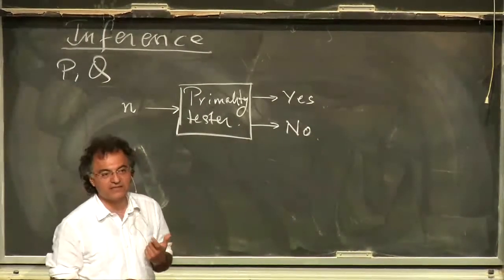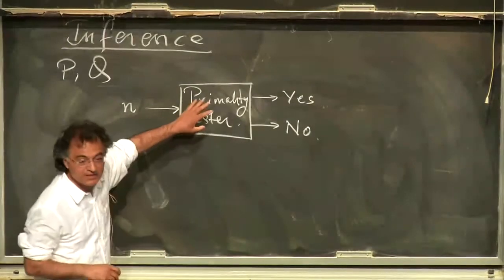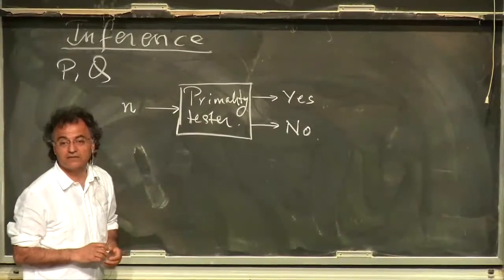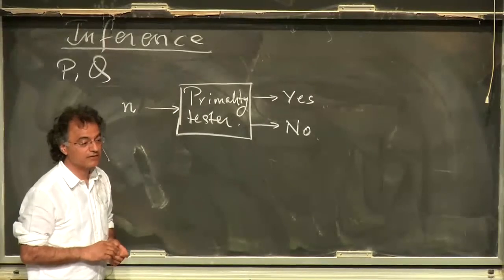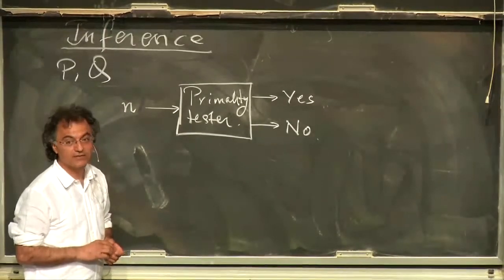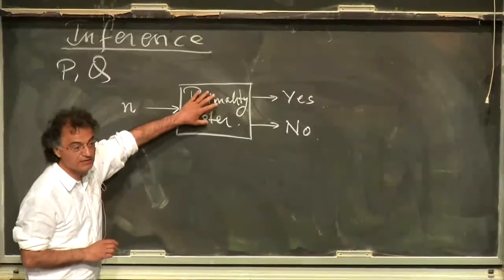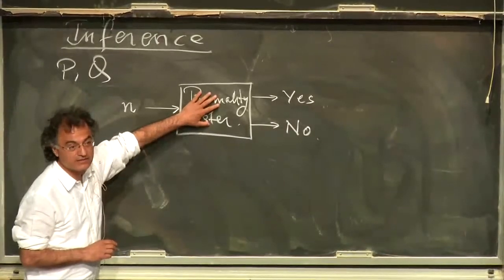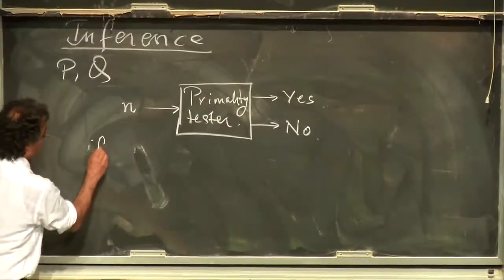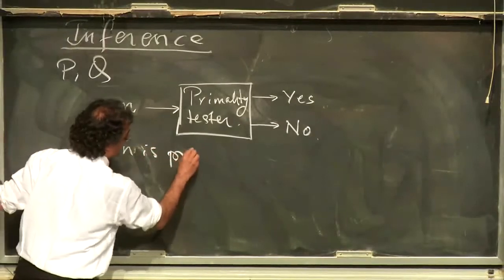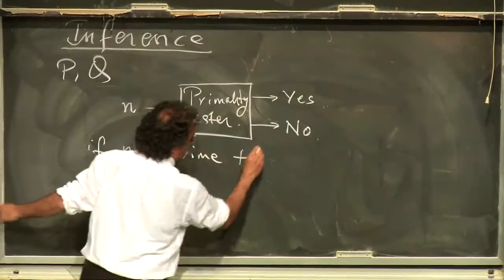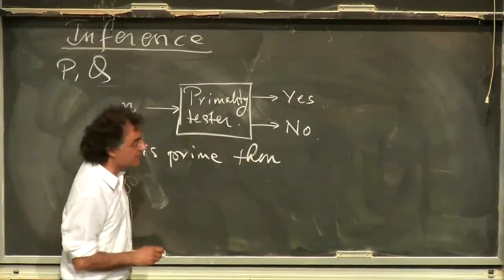What are the chances that it's right? The property that this program has is that if n is prime, then it always says yes.